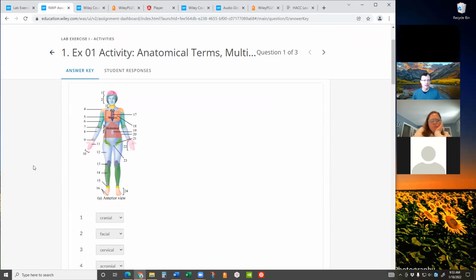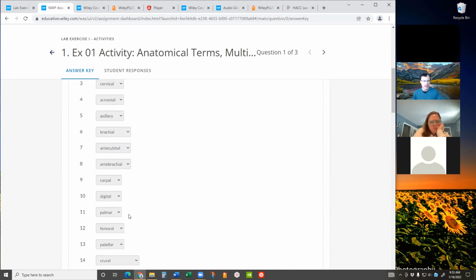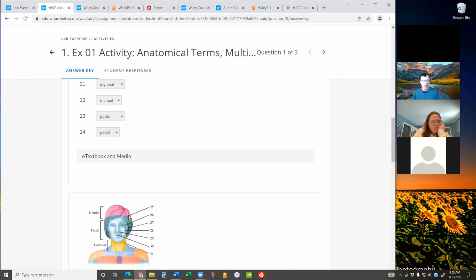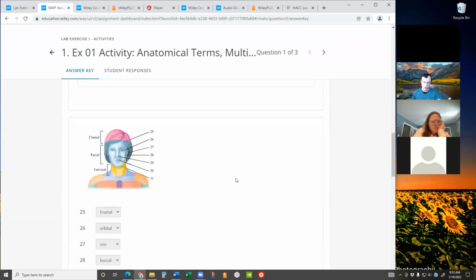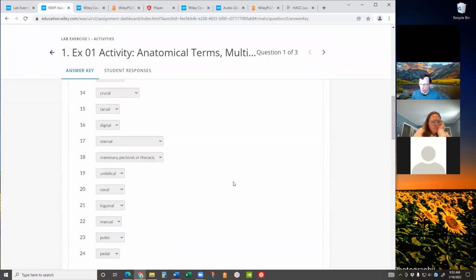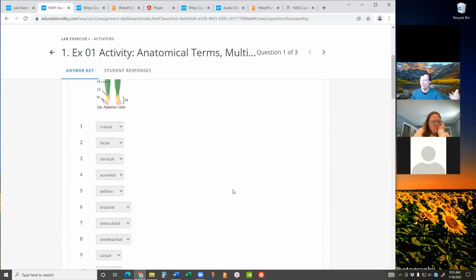But it's going to have things like this, diagrams where you start to need to match the term with the number here, right? And answer things, okay? And there are textbook links. The textbook's going to be for the lab manual. So you're going to work through these things, progressively over the week and do the assignments, okay?